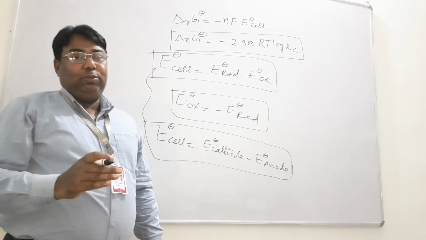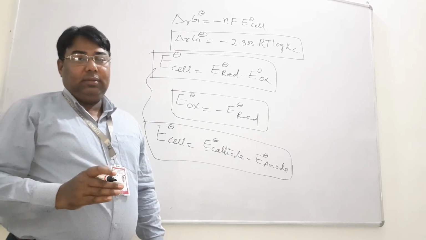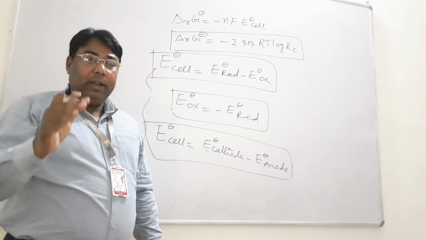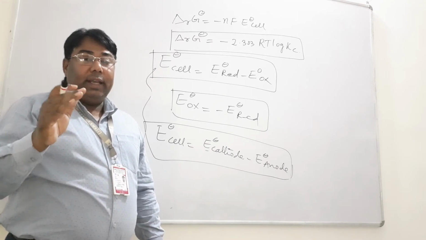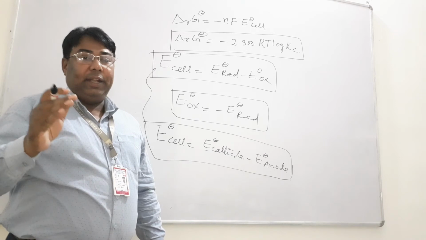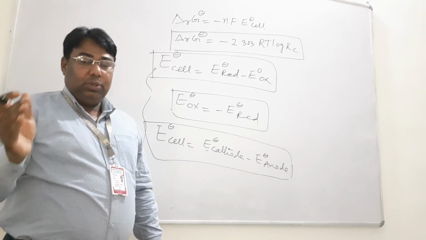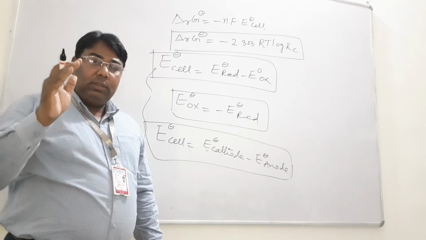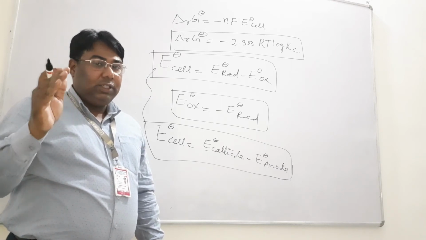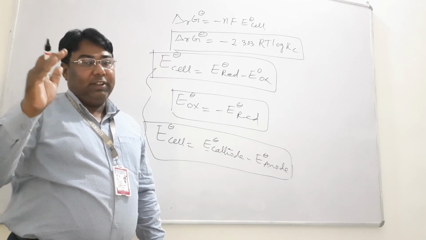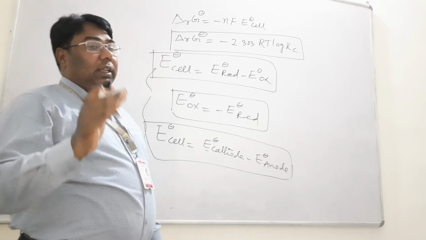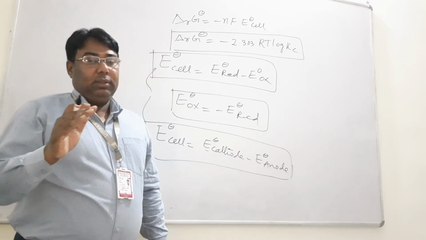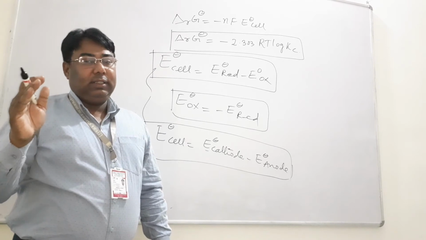And standard reduction potentials are determined with the help of the SHE, standard hydrogen electrode. So we mainly discuss the SHE, and the potential of the SHE is assigned conventionally to be 0 volt. The potential of the hydrogen electrode is 0 volt.